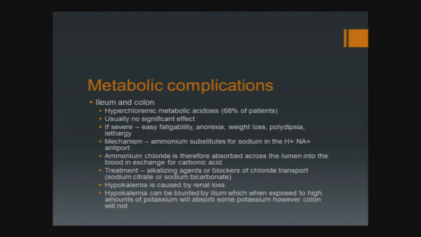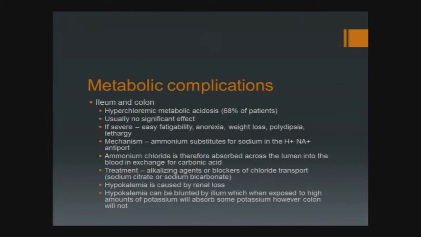So the ileum and colon I've put together because their general metabolic complication is the same, which is a hyperchloremic metabolic acidosis. Generally it doesn't have a significant effect, but if it gets severe enough, you can get some easy fatigability, anorexia, weight loss, polydipsia, and lethargy.